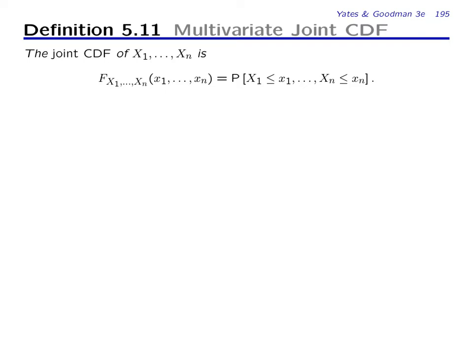So here's our first definition. It's the multivariate joint CDF of X1 through Xn. And this is just a generalization of the joint CDF of X1 and X2: the probability that X1 is less than little x1 and X2 is less than little x2.